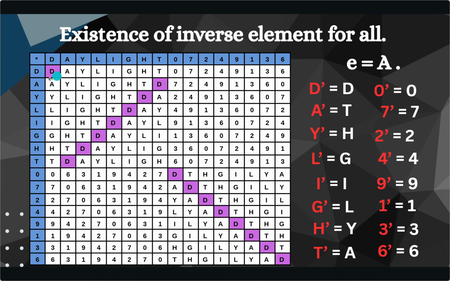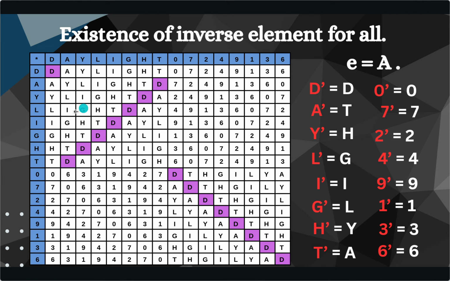Another one, A: in its row, we're going to find the identity element, and let's see the top column, which is T. So the inverse of A is T. We're going to continue doing that.